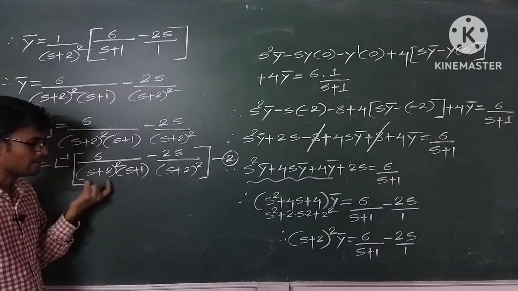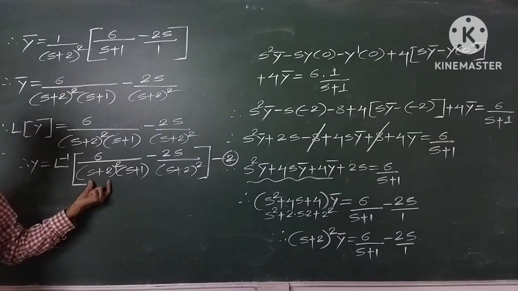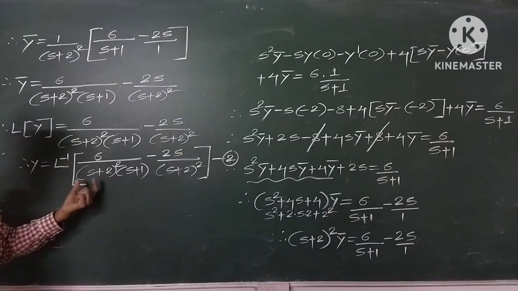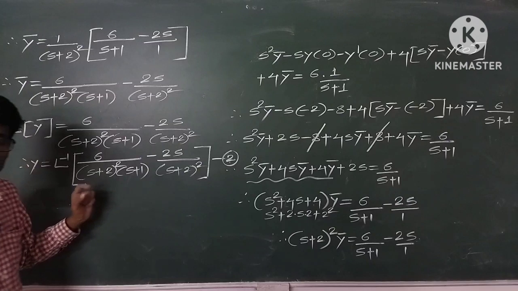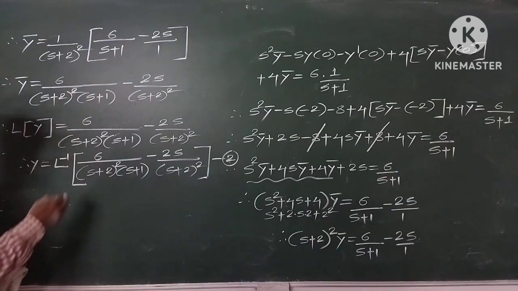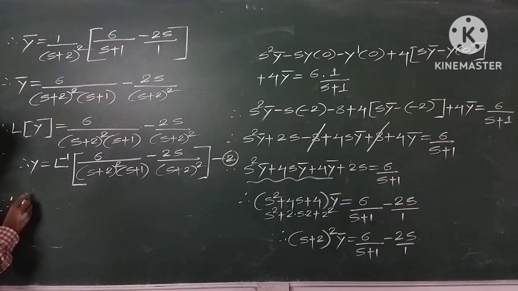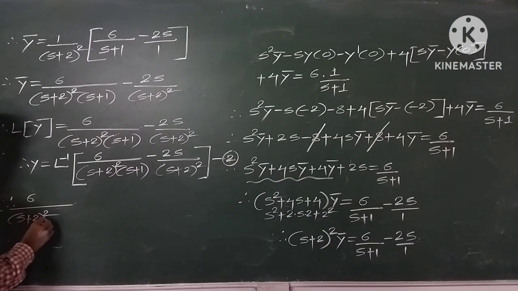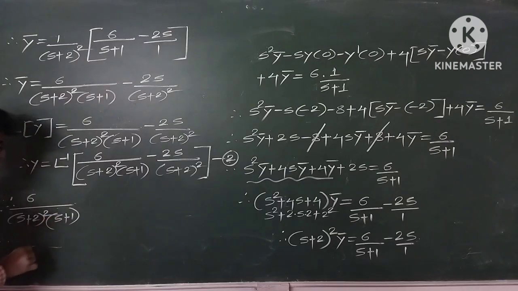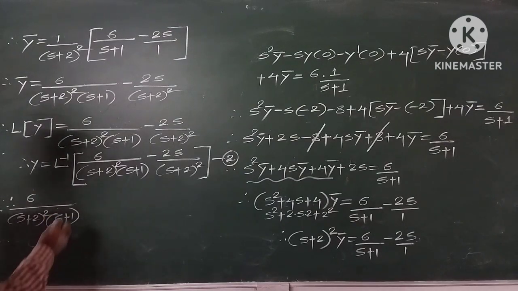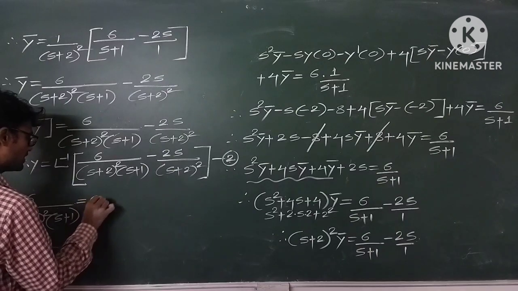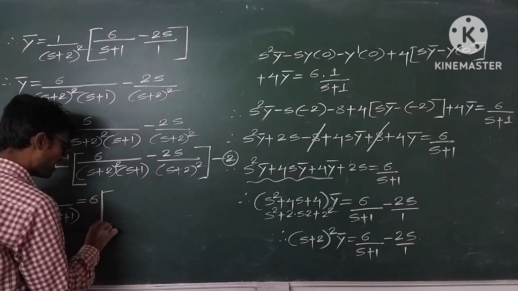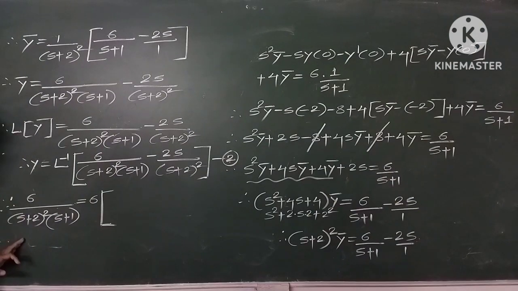So I lift this one, and for this I will apply the partial fraction method, and I will write 6 divided by (s plus 2) whole square into (s plus 1) in standard form. Let us see how to write. 6 is a constant, you take it outside, and for this I will apply the partial fraction method.